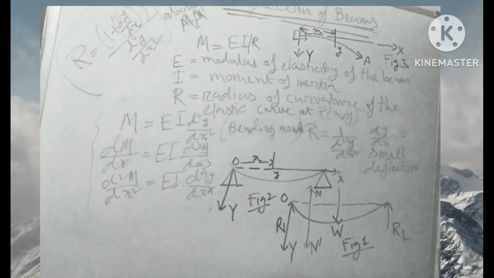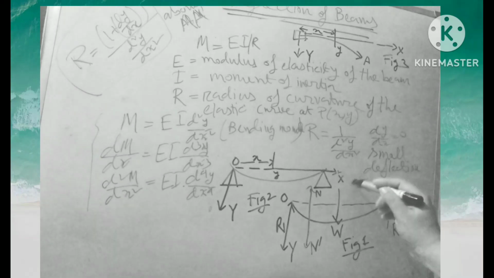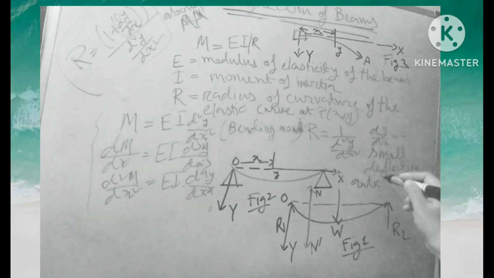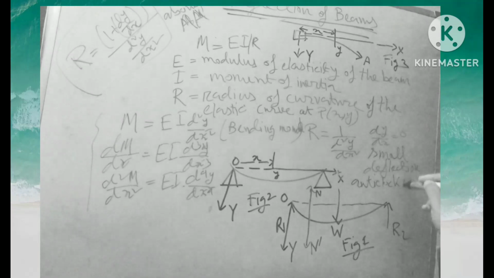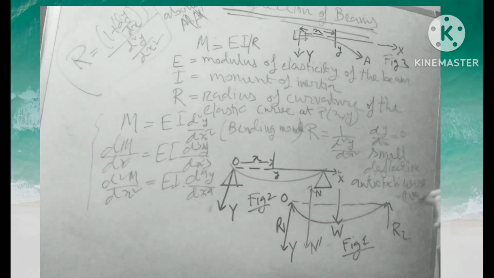Anti-clockwise is taken as positive and clockwise is negative. This is the sign convention.